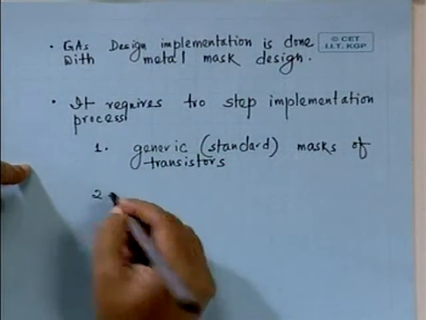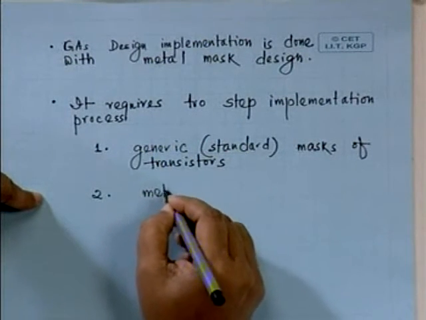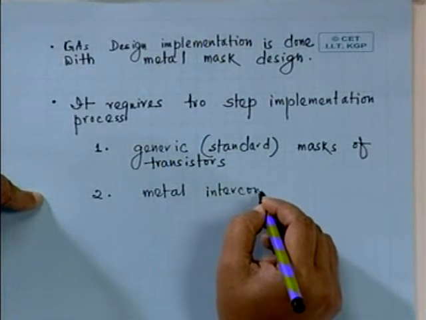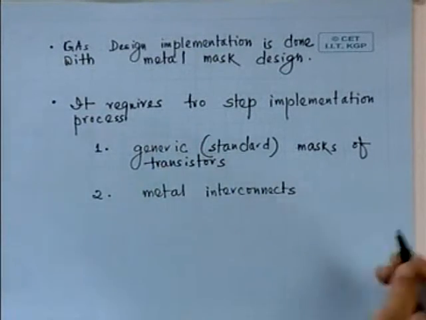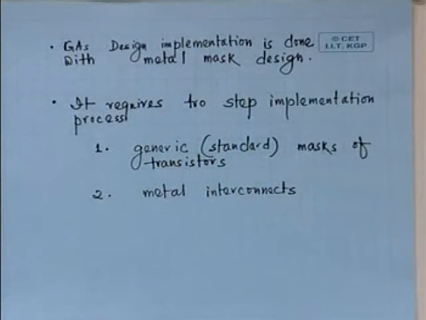The second one is the metal interconnects, which connect the array of transistors.